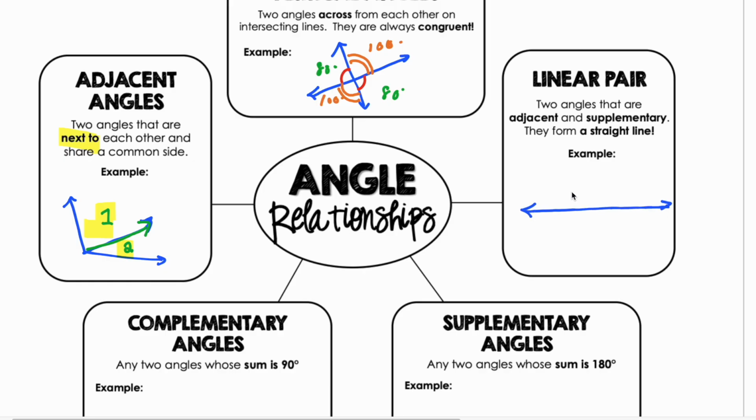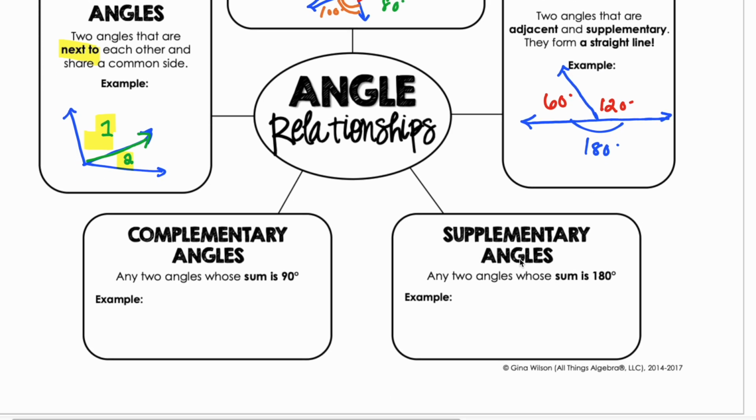Here's our straight line, and then you'll have another ray coming out where it's cutting this larger 180-degree angle into not congruent halves, they don't have to be congruent, but it's cutting it somewhere down the middle. So now we have two angles that make up 180 degrees. So for example, if this is 60 degrees, this has to be 120 degrees if it is a linear pair.